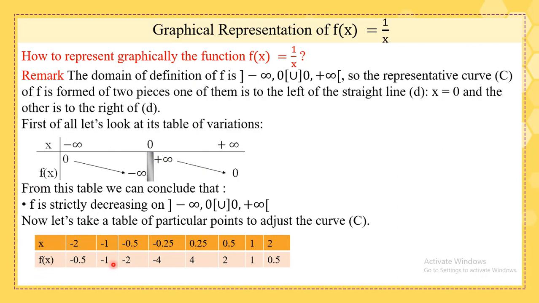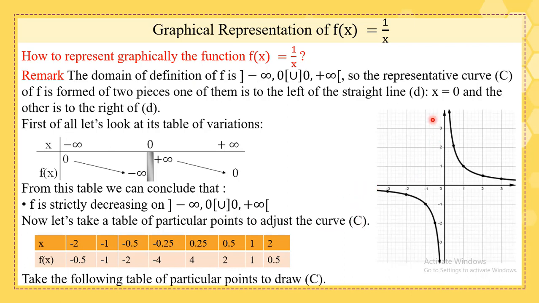This is the table of particular points to adjust the curve C, and this is the curve C. As you see, we have two pieces. One piece is to the left of the straight line d of equation x equals 0, and the other piece is to the right of the straight line, and these are the points forming the curve.